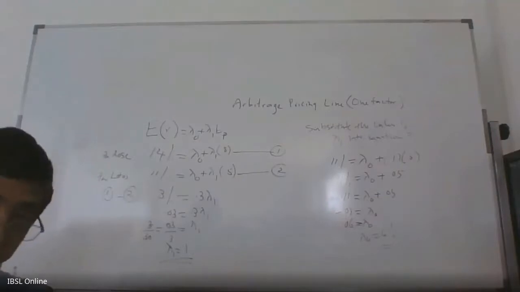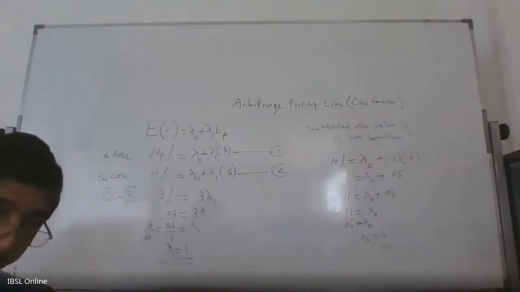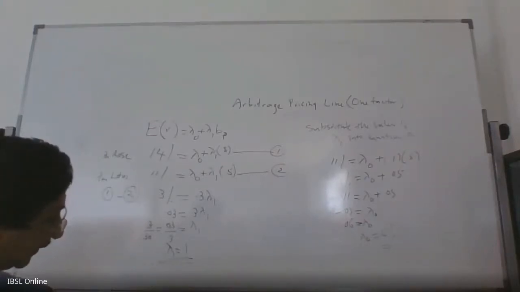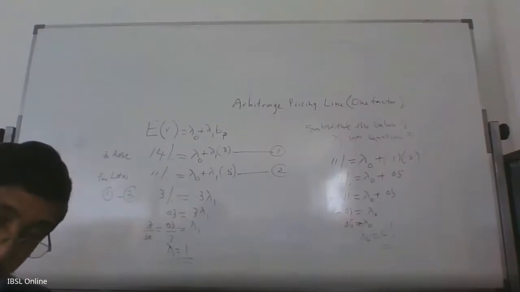Now lambda 0 is the unknown figure, so we take the 0.05 to the other side, that becomes minus 0.05. 11% is equivalent to 0.11. 0.11 minus 0.05 is equal to lambda 0. 0.11 minus 0.05 is 0.06. So lambda 0 is equal to 0.06 or 6%. So that is how this sum is worked out.